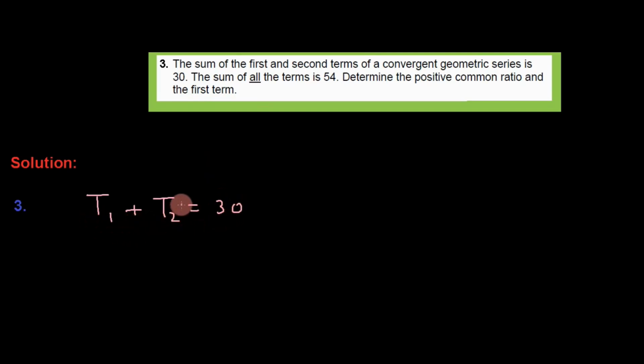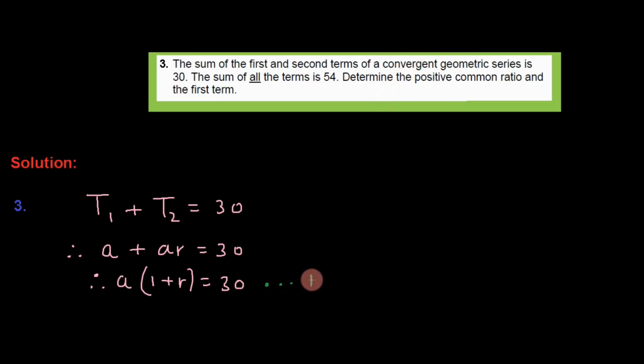And we can write the left-hand side here in terms of A and R. Term 1 is A, and term 2 is AR. So this is 30. And we can take out A as a common factor. And this we can call equation 1.